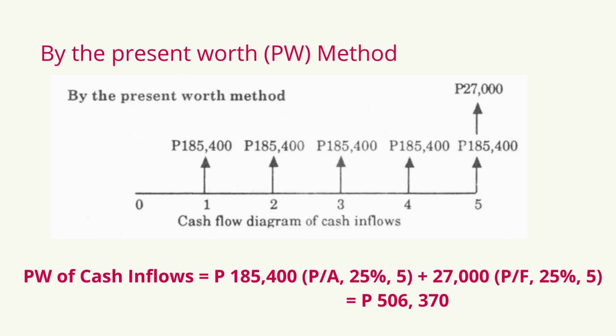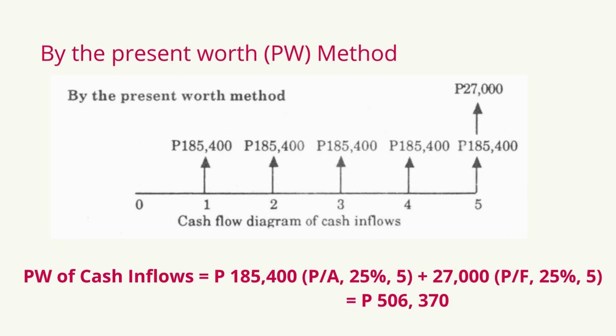From the problem, it stated that there's an annual revenue of 185,400 pesos per year, or annually, for 5 years. Since it's revenue, it's a cash inflow to the company. So there are 5 arrows up that represent the annual revenue and another arrow up that represents the salvage value. The salvage value is 10% of the initial investment, so 10% of 270,000 pesos is equal to 27,000 pesos.